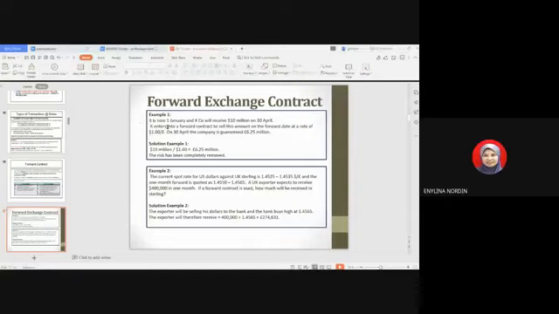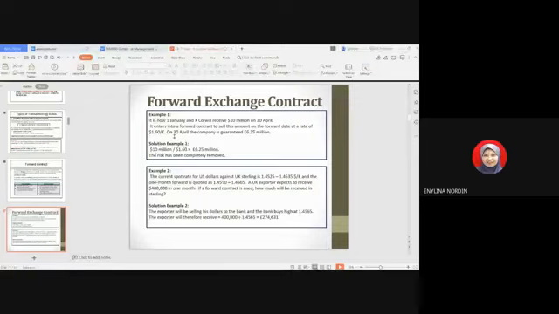This company enters into a forward contract to sell this amount, and the company and the bank have agreed to set the forward rate at $1.6 per pound. On 30th April, the company is guaranteed to receive 6.25 million.